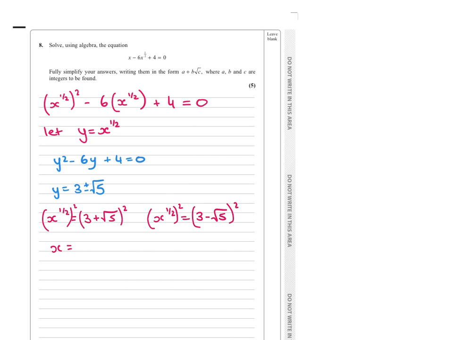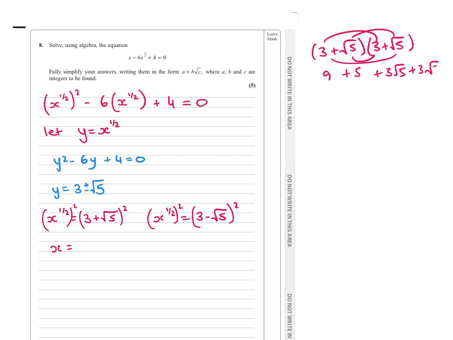Now, this 3 plus root 5 squared, if you wanted to, you can expand the brackets. So please do this or type it into your calculator. It's going to have 9 plus 5 plus 3 root 5 plus 3 root 5, which gives me 14 plus 6 root 5.